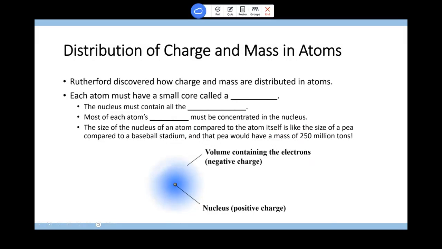So he says each atom must have a small core called a nucleus. And that nucleus must contain all of the positive charge.